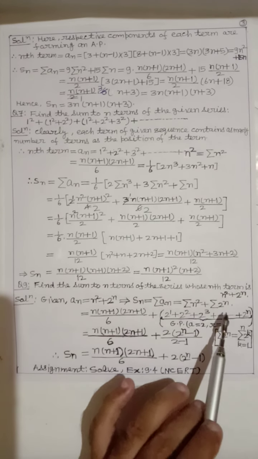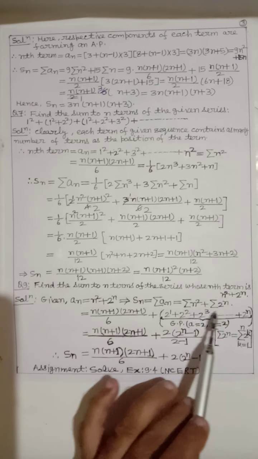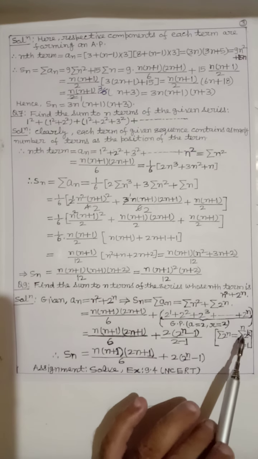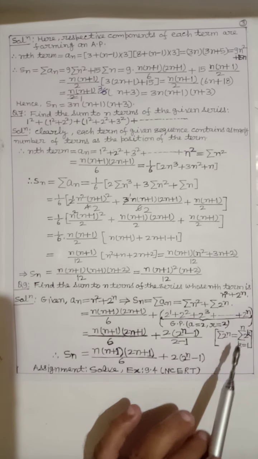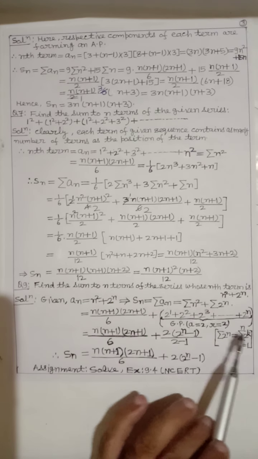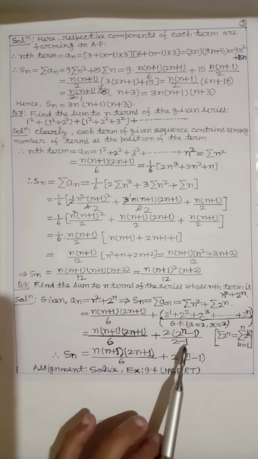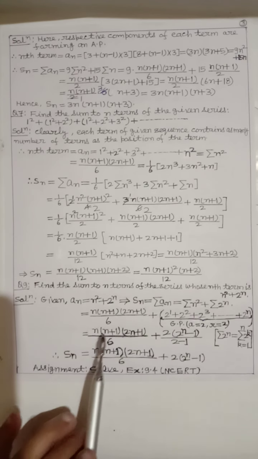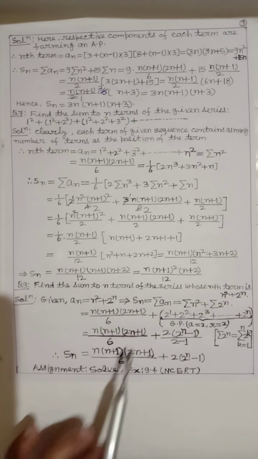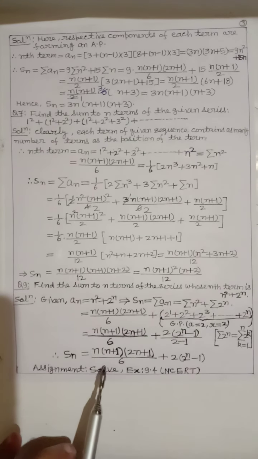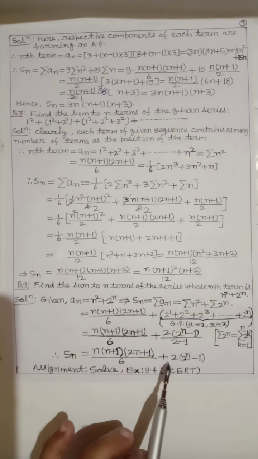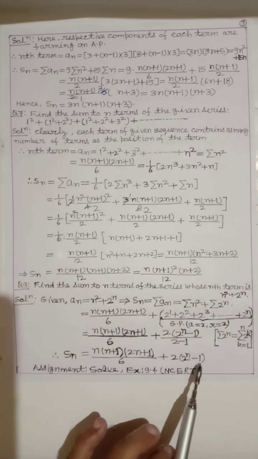Here already we have written the meaning of this summation 2 to the power n equal to summation 2 to the power k, where k varies from 1 to n. And here we can write the same thing, n into n plus 1 into 2n plus 1 by 6, and here we solve this, we get 2 into 2 to the power n minus 1.